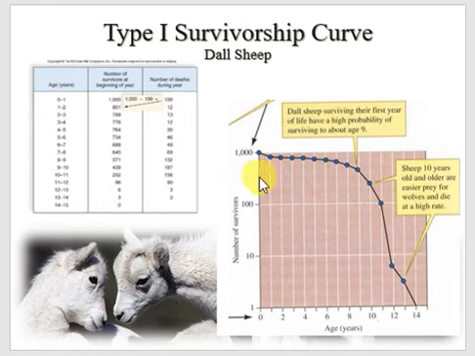And based on this curve, you can see that they exhibit a type 1 survivorship curve where you have high survivorship during the early to mid ages, with lower survivability as age increases. So as these individuals get older, their likelihood of survival decreases.